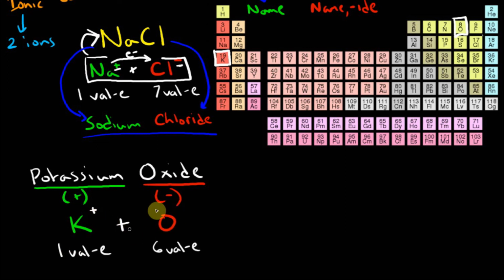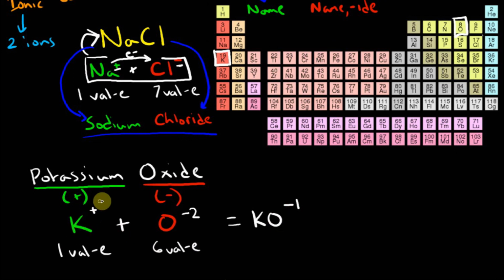Meanwhile, oxygen will gain 2 extra electrons, and it will get a charge of -2. But as you can see, these don't balance out. If we just add these together, we will get KO, but it will have a net charge of -1. And as I said before, ionic bonds need to be balanced. They need to be stable.